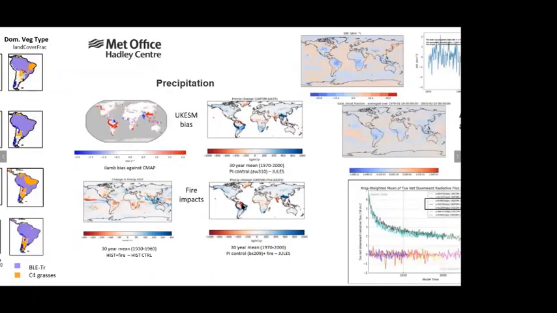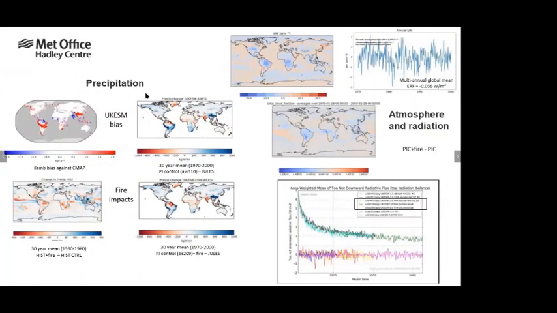So to look at this in a bit more detail, the plots on the left here show precipitation. So the top 2 are representing the bias that we see in UKESM. So the left one here is the ILAMB evaluation showing a negative precipitation bias over that northeast against CMAP observations.